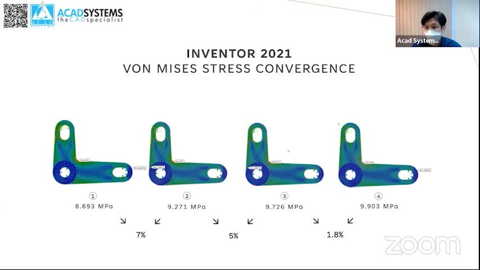It is actually insignificant to reduce the meshing and get a result that only shows a 0.01 megapascal difference. So from there, you know that the optimal mesh sizing is the fourth analysis with 0.25 millimeter mesh sizing.